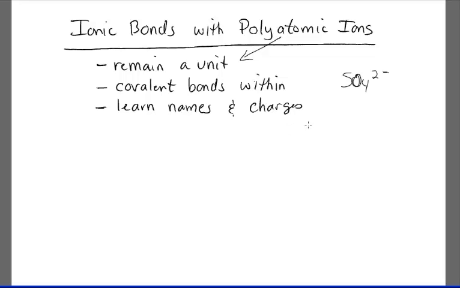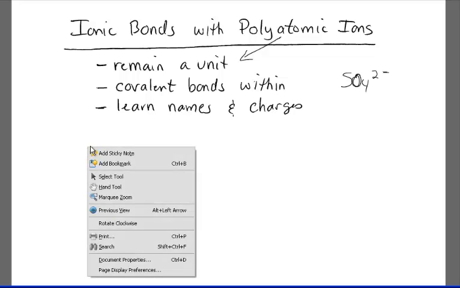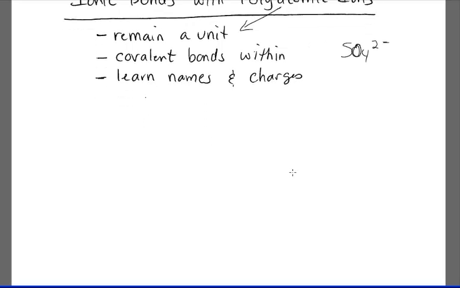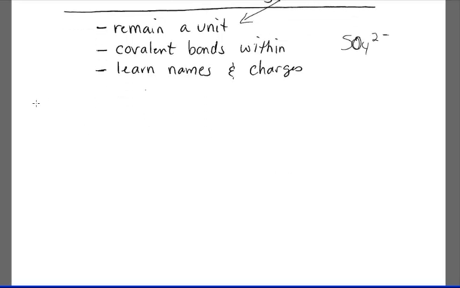You need to learn the names of the common polyatomic ions and their charges, but let's first talk about how they go together. Let's first back up. If you have potassium and chlorine and you want to form a compound, they're a 1-to-1 ratio, so it's just KCl.